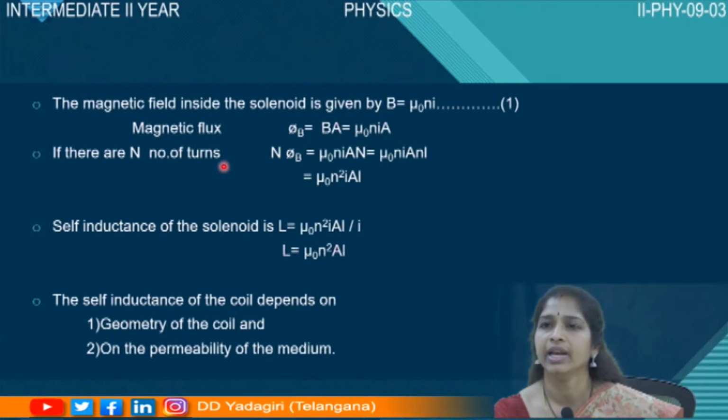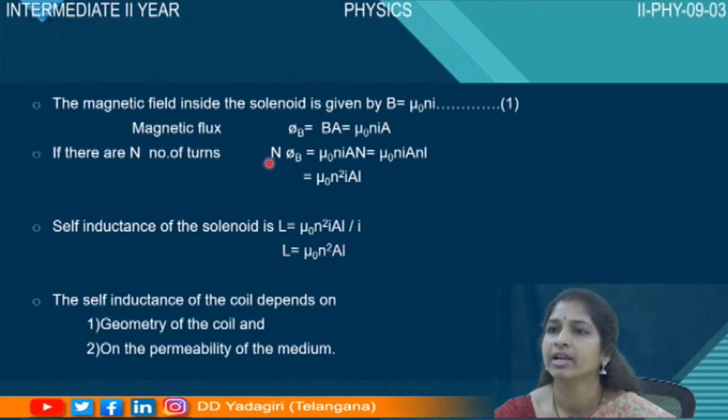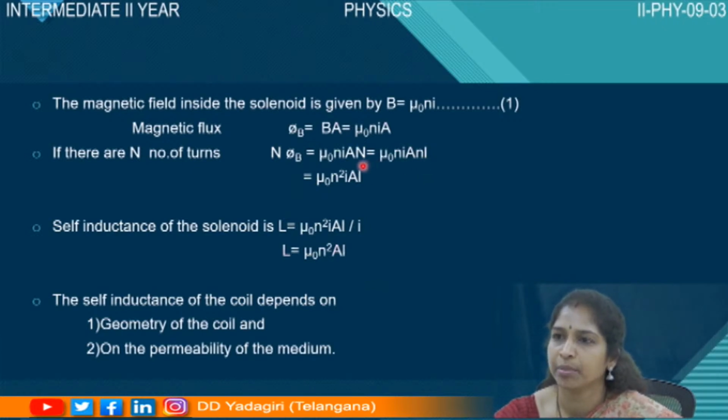But if there are capital N number of turns, we get N phi B, that is equal to mu naught nIA into N. But this capital N is what? n into L, because capital N is the total number of turns and small n is the number of turns per unit length.